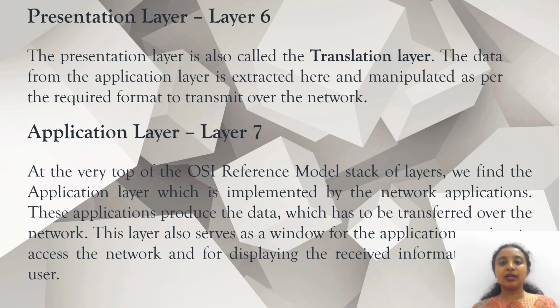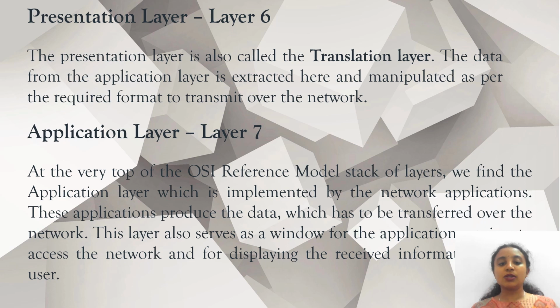Coming to the seventh layer of the OSI model, that is the application layer. At the very top of the OSI reference model stack of layers, we find the application layer, which is implemented by the network applications. These applications produce the data which has to be transferred over the network.